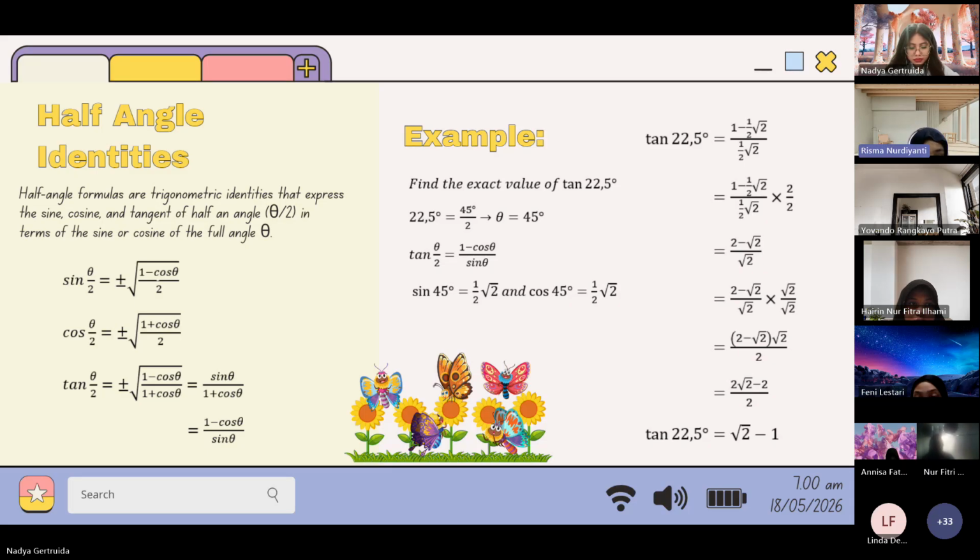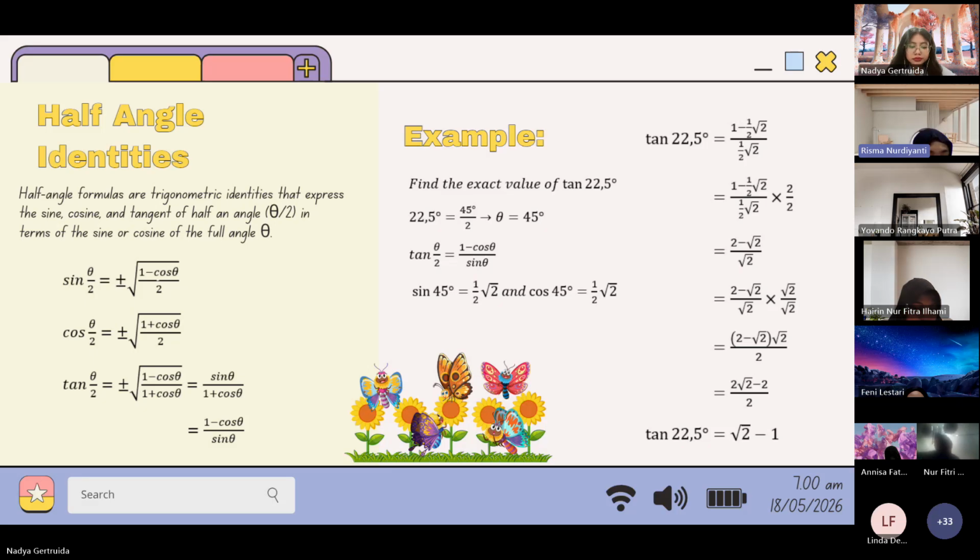For example, find the exact value of tangent 22.5 degrees. We can write 22.5 degrees as 45 degrees over 2. So theta equals 45 degrees.